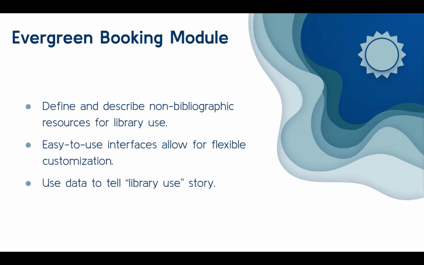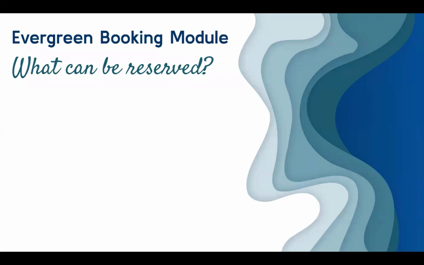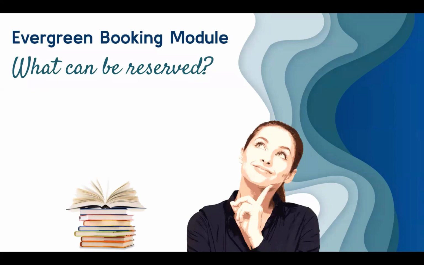So we're talking about a reservation system. What types of things can be reserved? I already mentioned that we already have a catalog of bibliographic resources that can be made bookable so that special reservations can be made for them. But what are some other things?